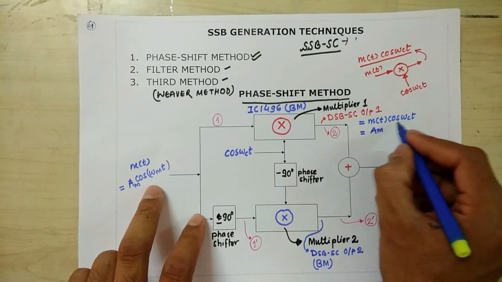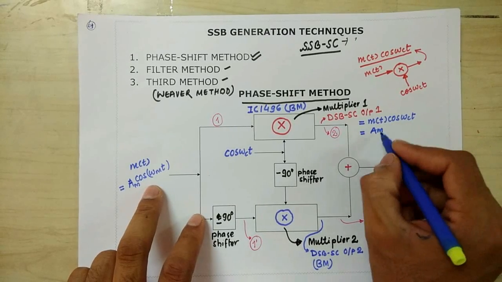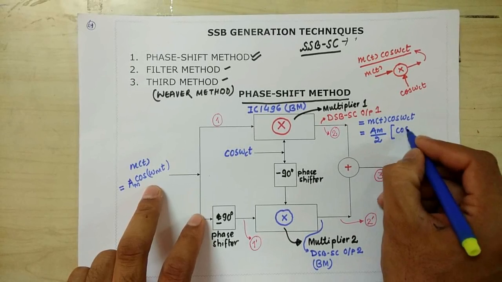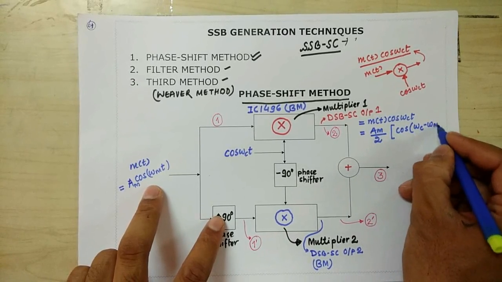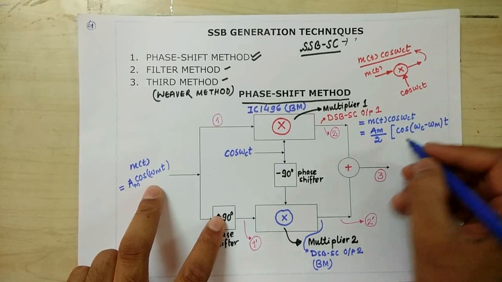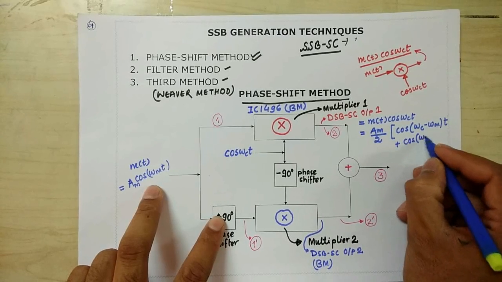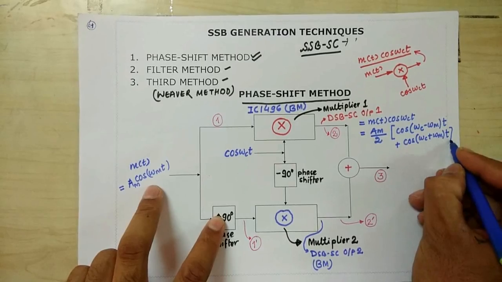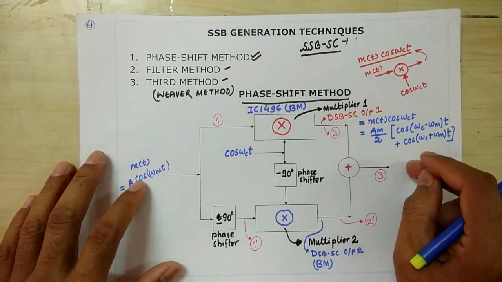Again, you can break this by using the cos A cos B formula. So this is basically Am by 2 [cos of (omega c minus omega m) t plus cos of (omega c plus omega m) t]. So this is the output at point number 2.